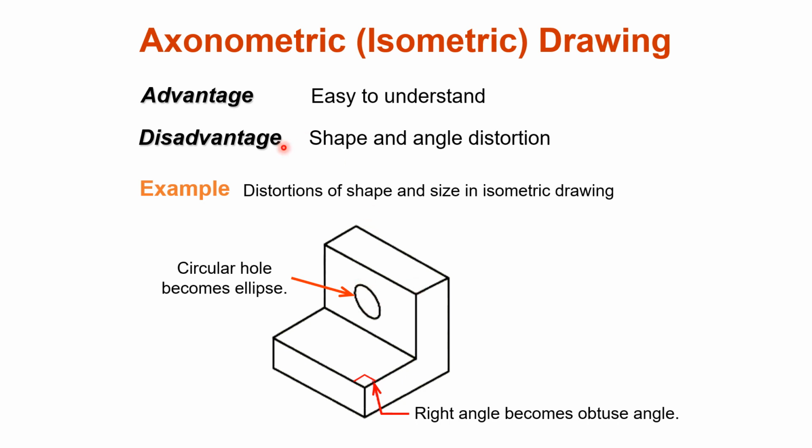But when we go for the measurement, you will see this is an ellipse. So we can't measure the exact dimensions from the axonometric drawing. It is good for understanding but not good for measurements. Shape and angle are distorted.